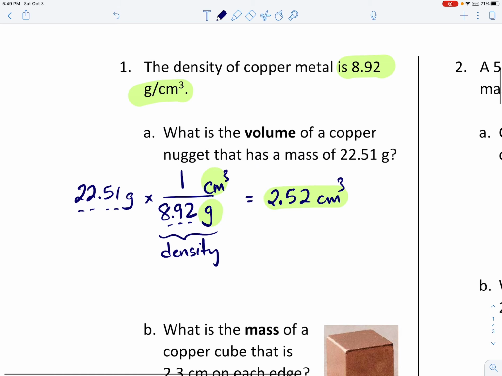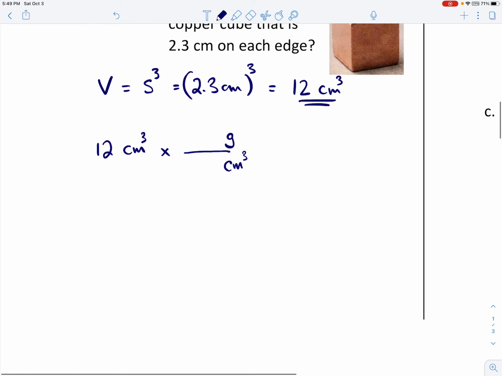The density was 8.92 grams per cubic centimeter, so we write the 8.92 beside the grams on top, and that's for every cubic centimeter. Again, when you see grams and cubic centimeters in your unit multiplier, that's the clue that the numbers for that come from the density.